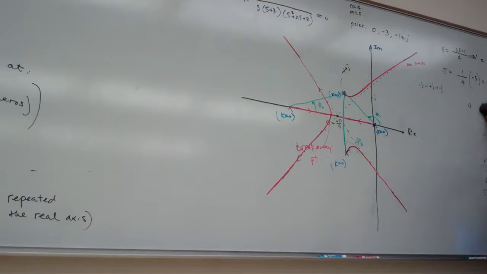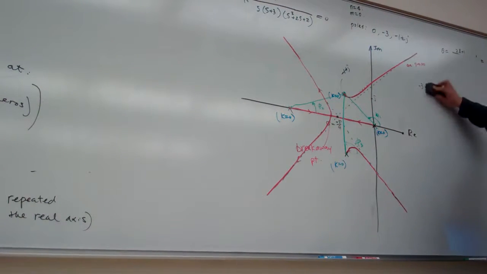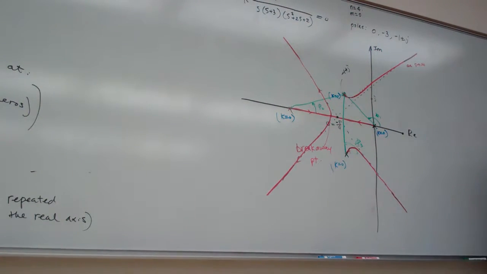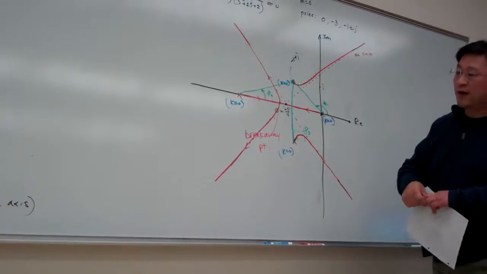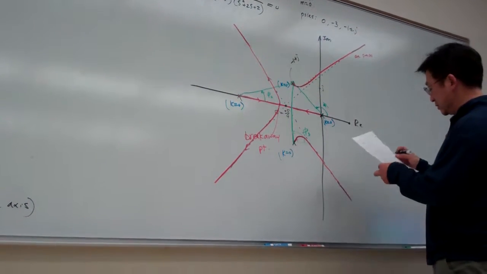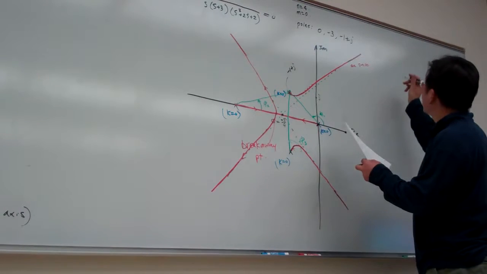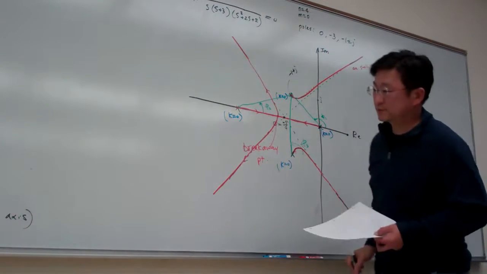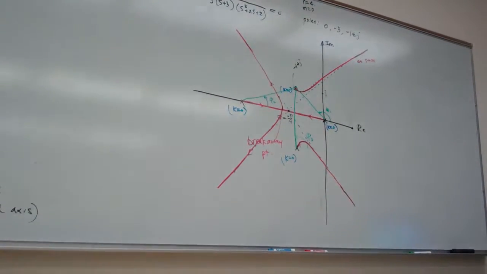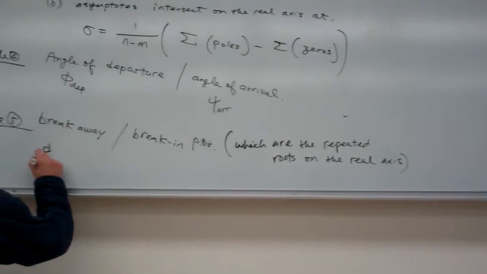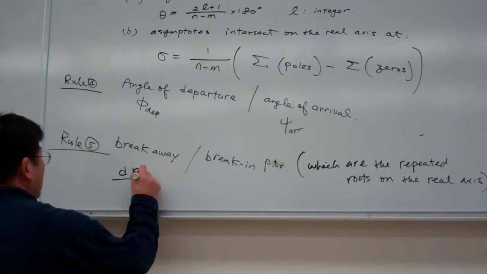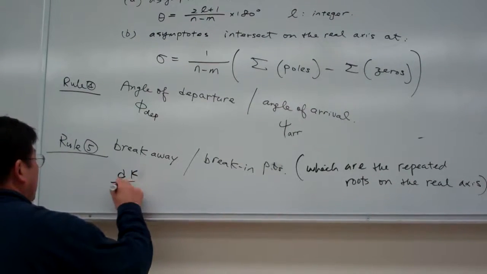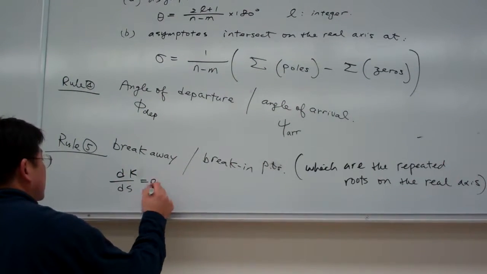So here the repeated roots at the breakaway point can be calculated by this, and rule 5 continues to here. We simply do the calculation dK/ds equal to 0.